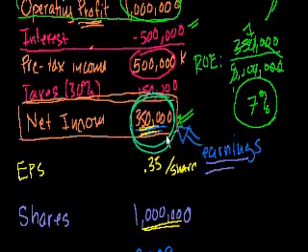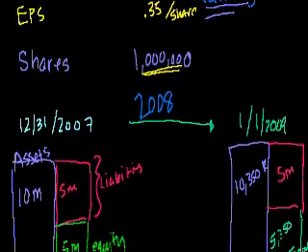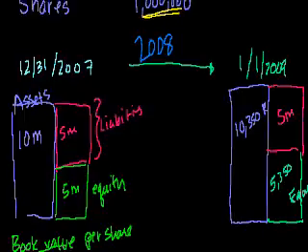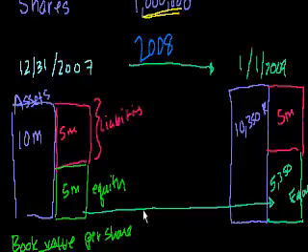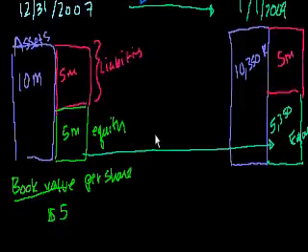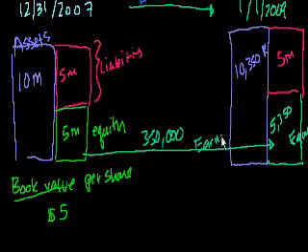In this case, we have $350,000 for the year, or 35 cents per share. They essentially tell you what happened from one balance sheet to another. So this tells you that the amount that our equity grows by is earnings. So this is $350,000 of earnings.